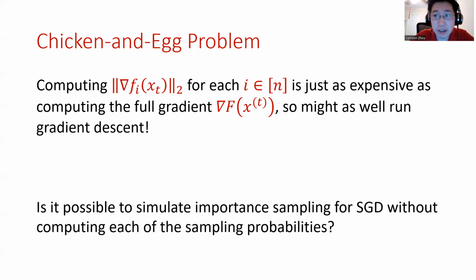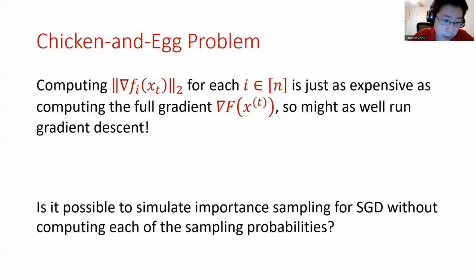We want to compute the probabilities in order to run SGD with importance sampling, but doing so is just as expensive computationally as running gradient descent.